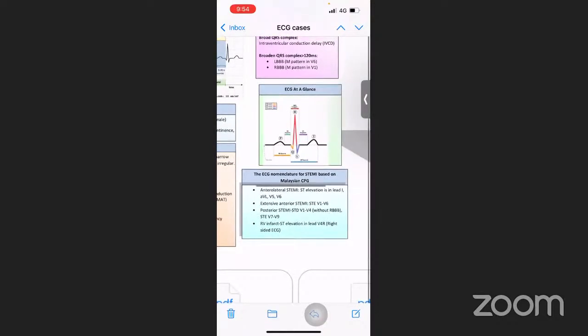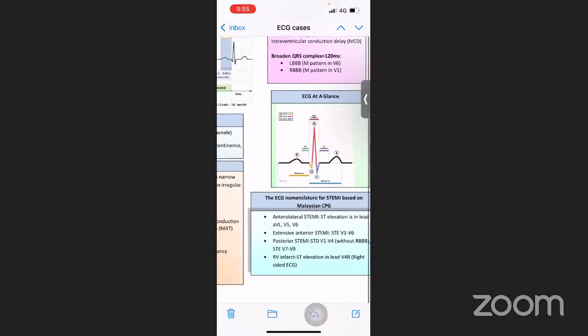Then you classify the abnormality based on each wave: P wave, either tall P or bifid P, prolonged PR interval in first degree heart block, broadened QRS complex, and then ST elevation, ST depression, and T inversion.